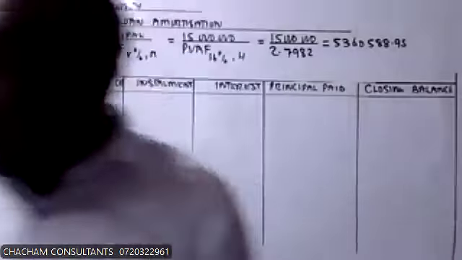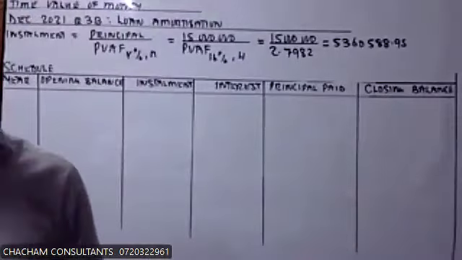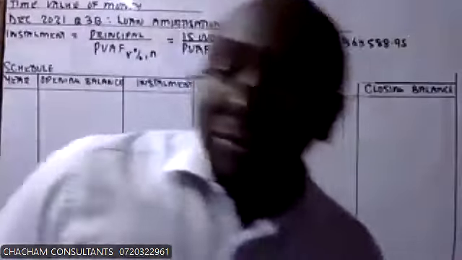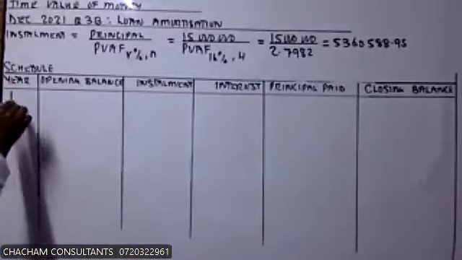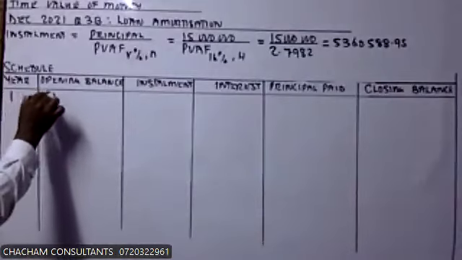So I want to believe that we are good. You begin year one. The opening balance is 15 million.